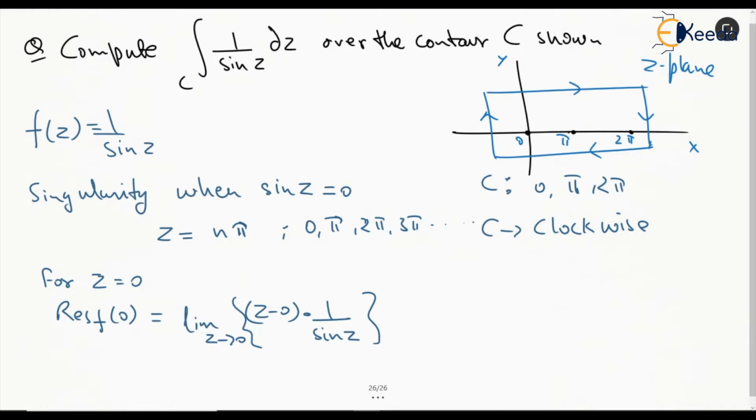This is z minus a times f of z, so this is z minus 0 in this case as per the formula. If you see, it is going to be 0 by 0 form, so we can apply L'Hospital's rule, and we can see this is going to be 1 by cos of z for z tends to 0, so this will become 1.